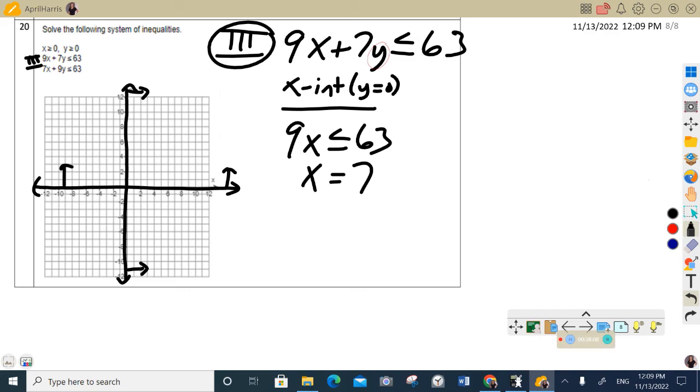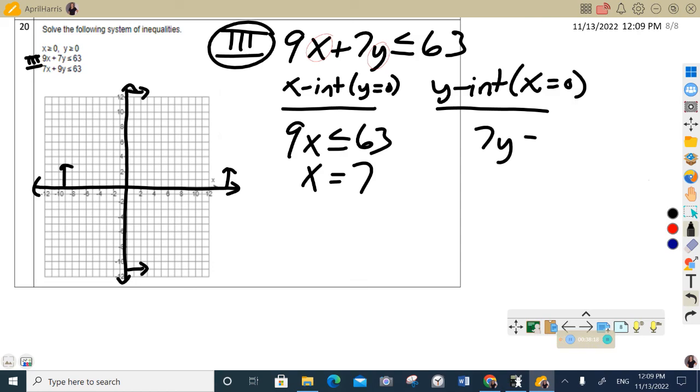Now to find the y-intercept, that's the value of y when x is 0. So I'm going to let x be 0 this time. So 9 times 0 is 0 plus 7y equals 63. Divide by 7, you get y equals 9. So you just found the x and the y-intercept for inequality 3.